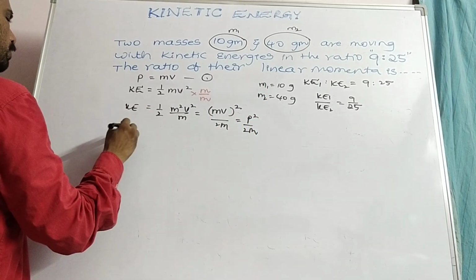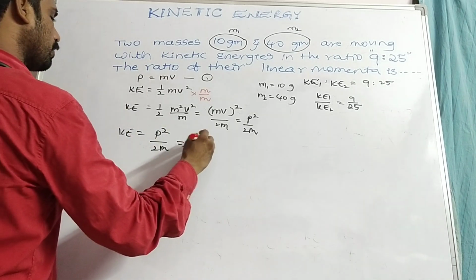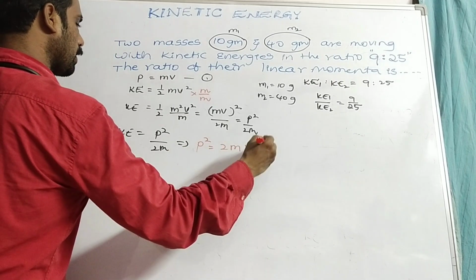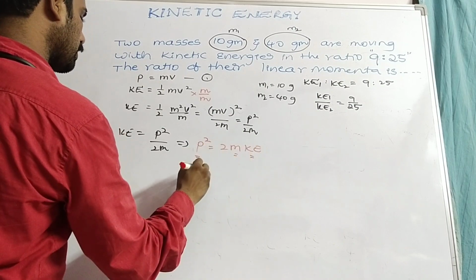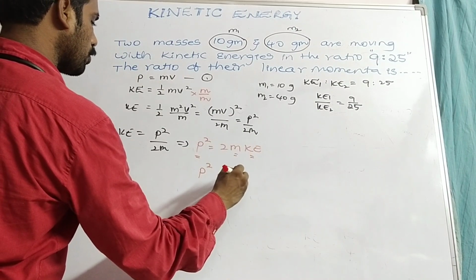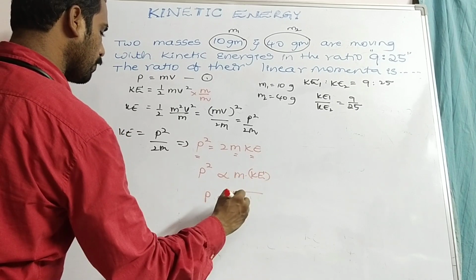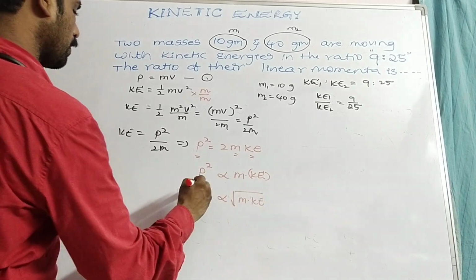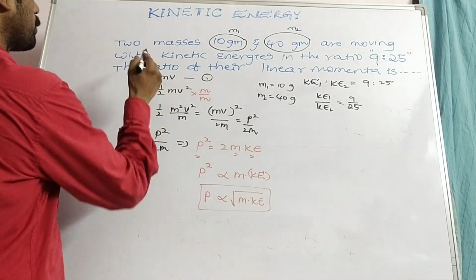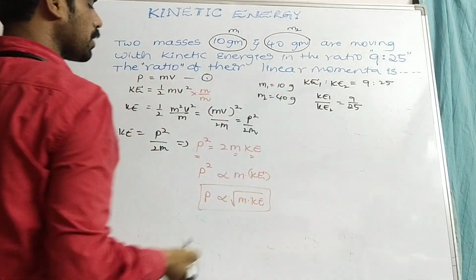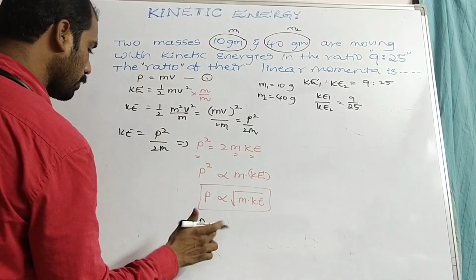Kinetic energy K is equal to p square by 2m. That implies p square is equal to 2m KE. That is the relation between momentum, mass and kinetic energy. So now p square is proportional to m into kinetic energy, and p is proportional to root of m into K. Now we have to find the ratio of linear momenta, P1 by P2.